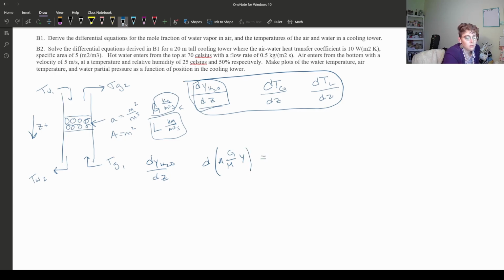Then we need to look at why the system is changing, and that is going to be due to mass transfer. So we can look at our mass transfer coefficient times the difference between the concentration at the liquid gas interface minus the concentration of the environment.